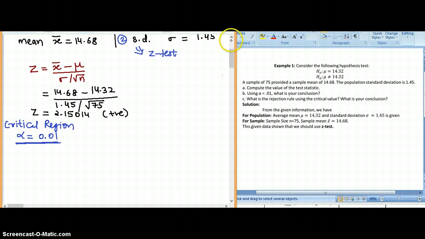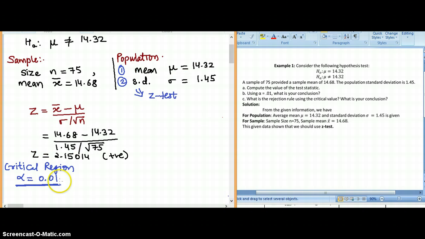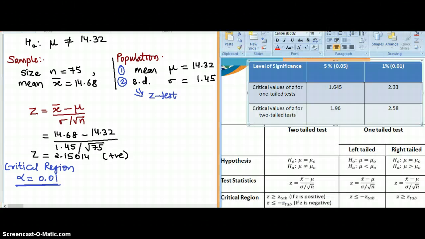Now, since it is a two-tailed Z test with alpha equal to 0.01, if you remember, we have a table. This table gives you the critical values. So first of all, look at this table. If it is a two-tailed test, and if the value of Z is positive, the critical region is Z greater than or equal to Z tab.